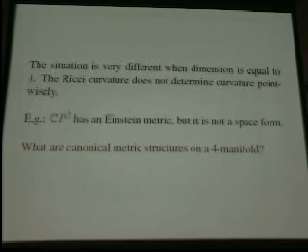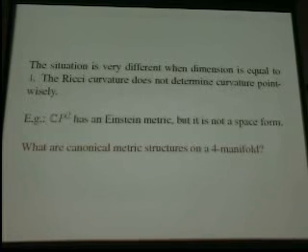An easy example is complex projective space, a homogeneous space. It has an Einstein metric because it's homogeneous, but it's not a space form, so it's not a quotient of S^4, R^4, or hyperbolic H^4.